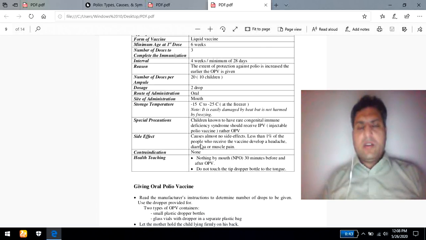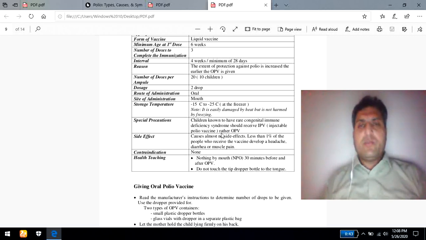Children known to have rare congenital immune deficiency syndrome should receive IPV, injectable polio vaccine. The special precaution is that if some children have congenital immunodeficiency syndrome, in this condition we have to take the support of injectable polio vaccine.